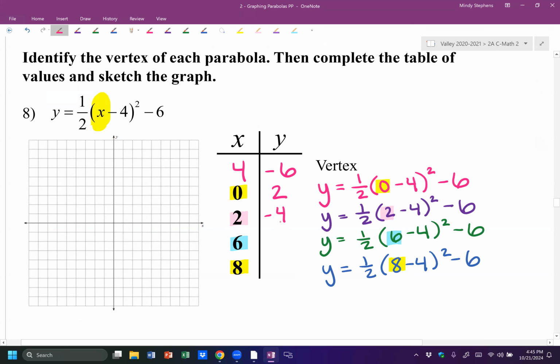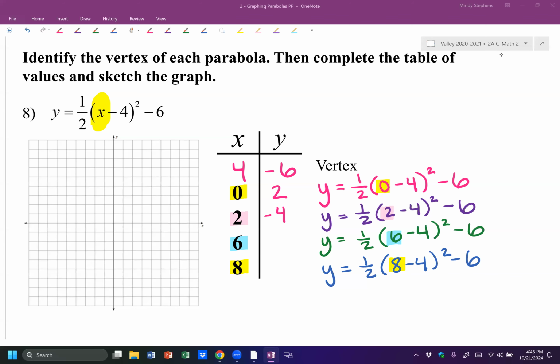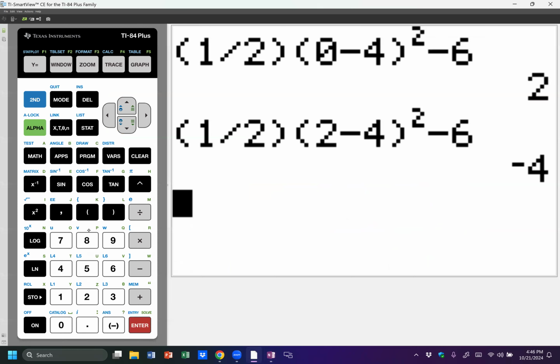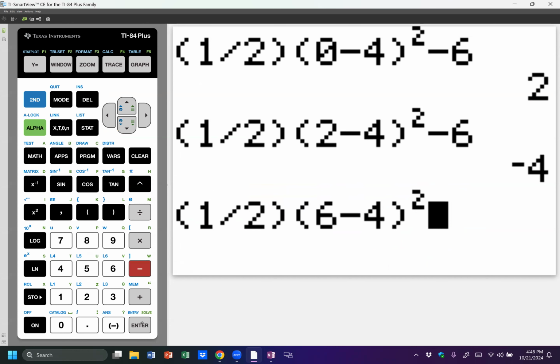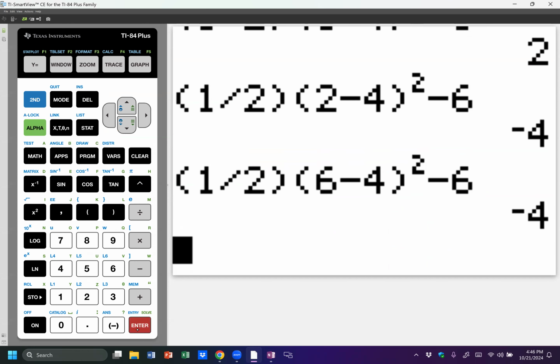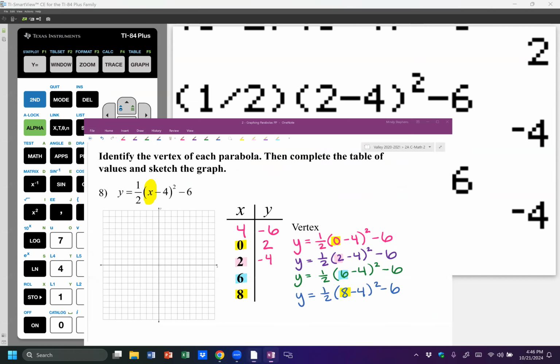Then we're going to type in a 6. Then we're going to enter the next one. So we're going to put in 1/2 times 6 minus 4 squared -6. So you should get -4 on that one also.